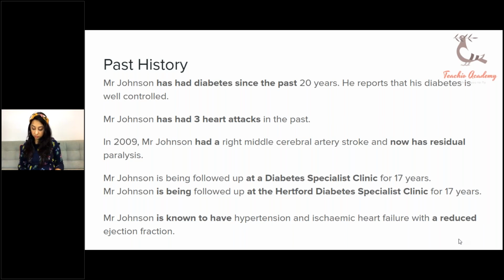Do you recognize the difference between Mr. Johnson has been followed up and is being followed up? Okay. If you recognize the difference between the two, please tell me, why do you think that's different? How is Mr. Johnson has been followed up at a diabetes clinic different from is being followed up?